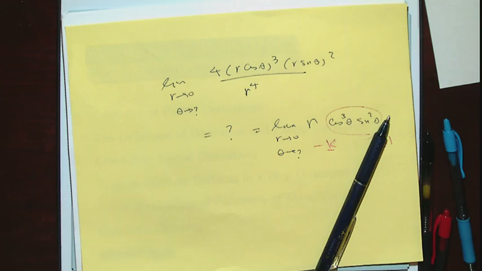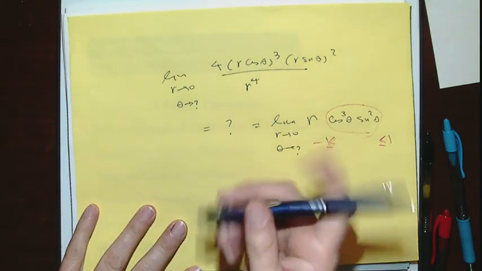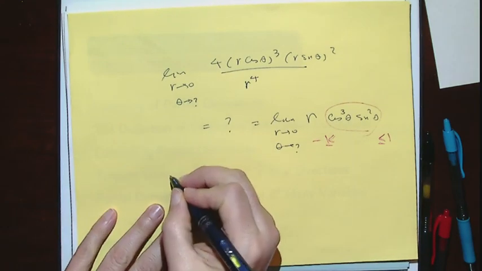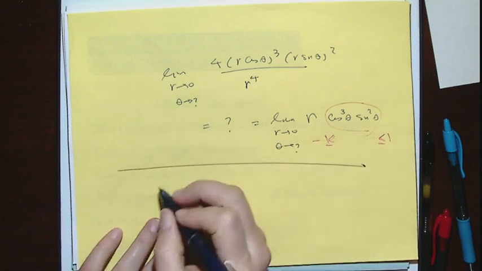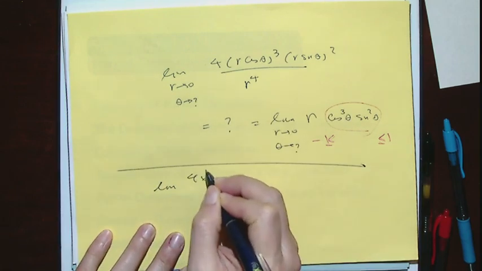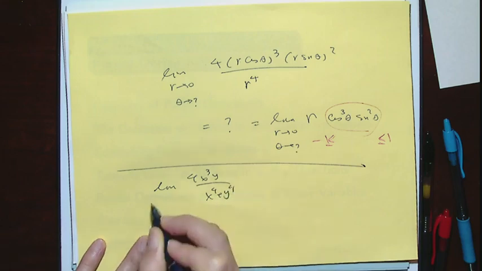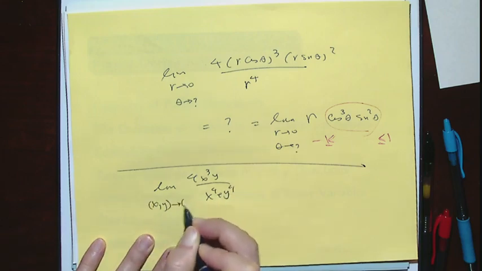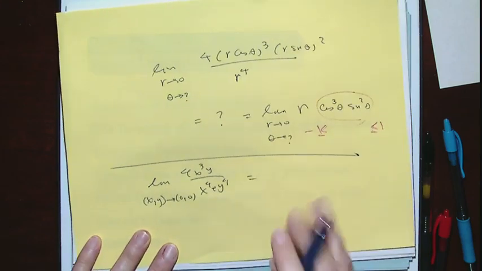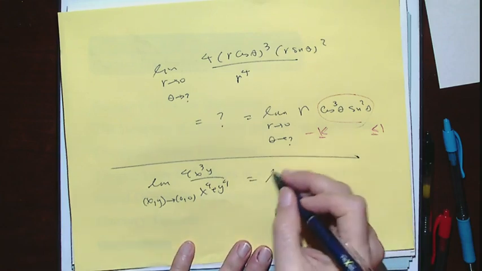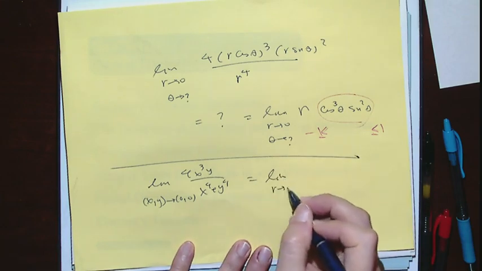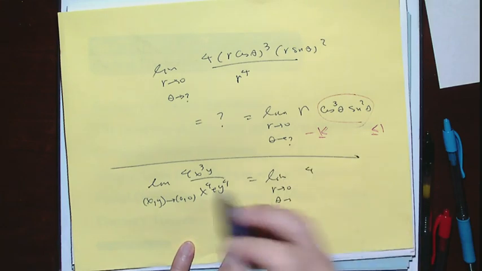I'm spending a little bit too much time on this. Hold on. When I'm trying to simplify this one, the limit of 4x^3 y over x^4 plus y^4, as x and y go to 0, 0. When I plug in r and theta, what do I get on top?